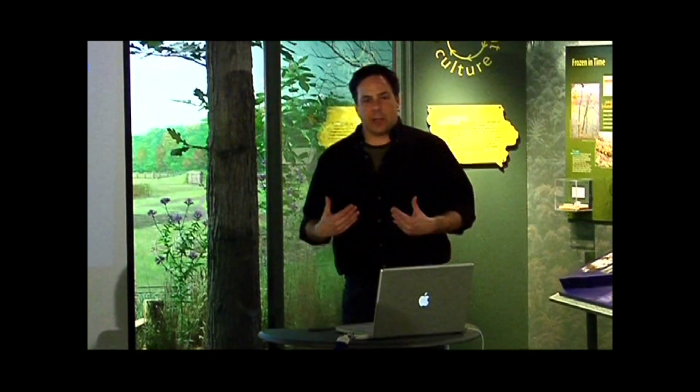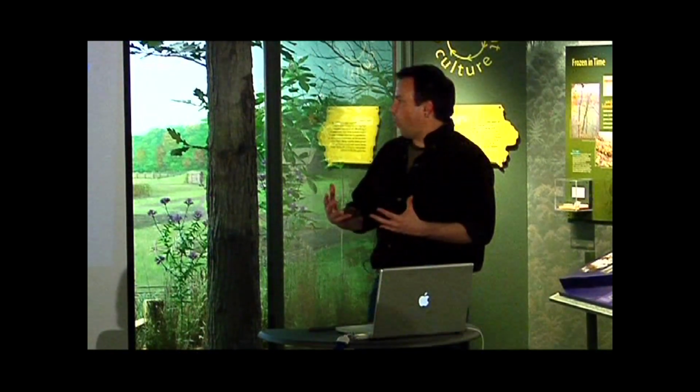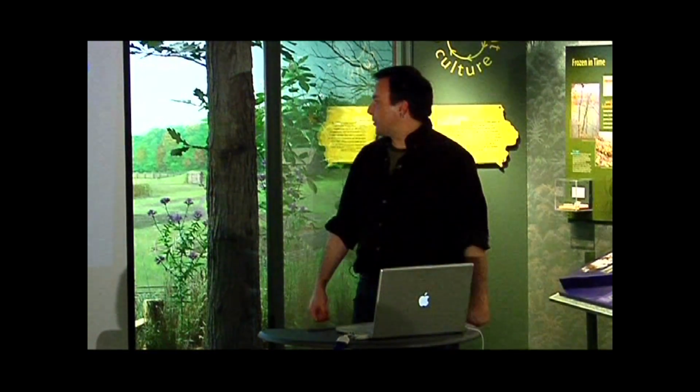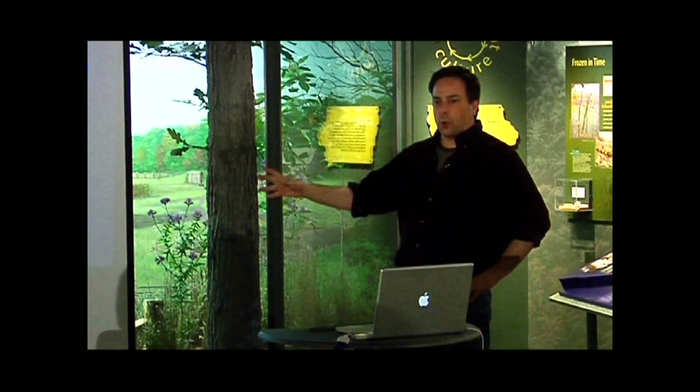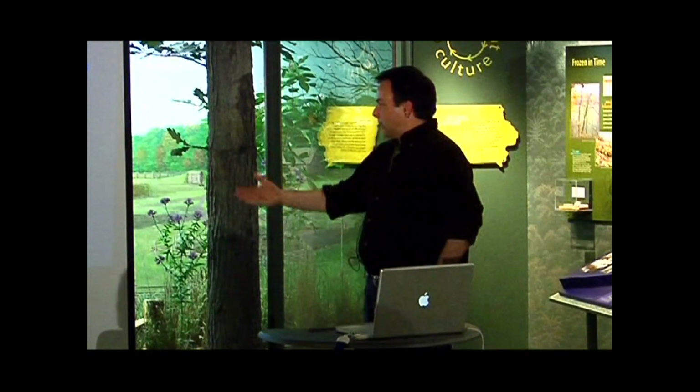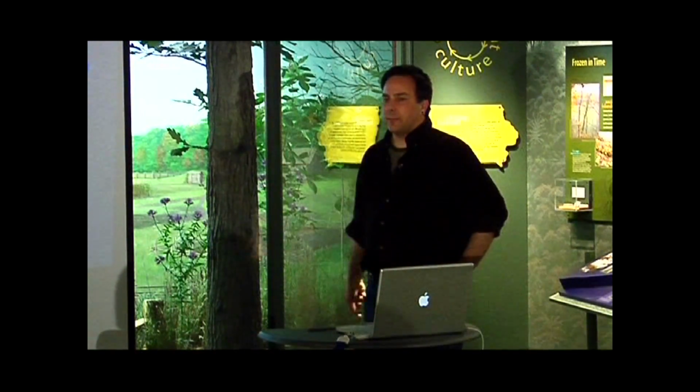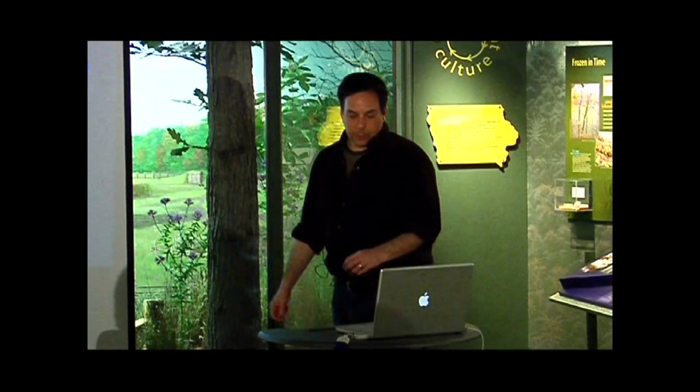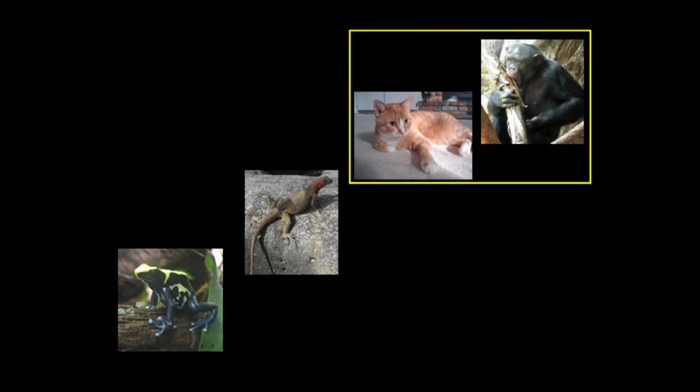Carolus Linnaeus was one of the first to really discuss how living things seem to form internested groups. So I can take four randomly selected vertebrates here, and what I would notice is that these two share similarities with each other that they don't share with the others. And so they form a group of their own.